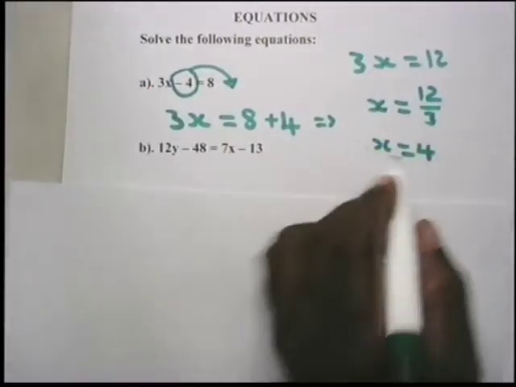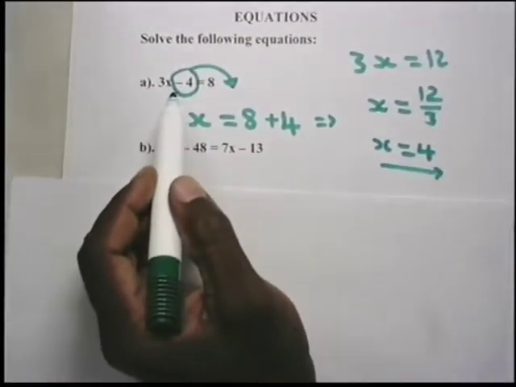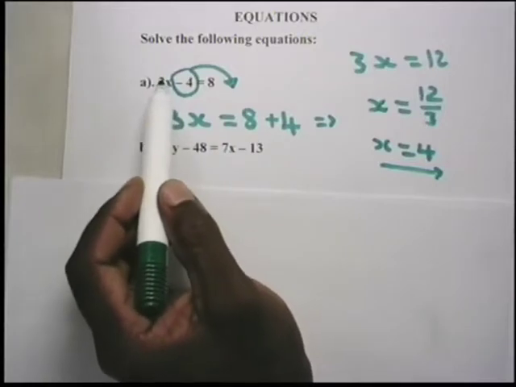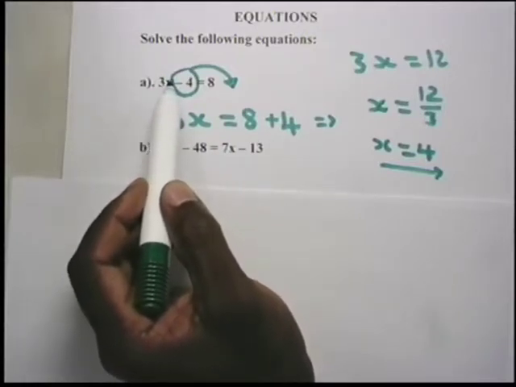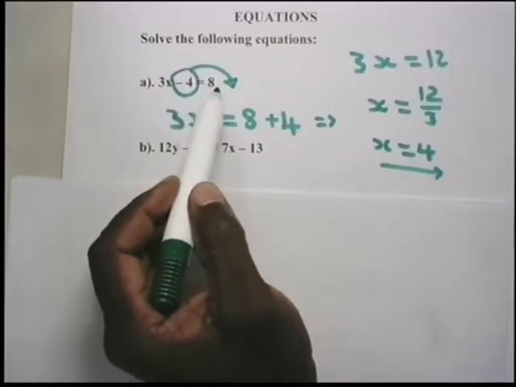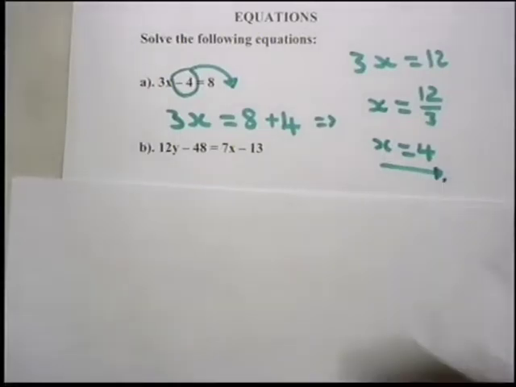So then the solution will be 4. And we can always check whether that is true or not by going to the original equation and saying 3 multiplied by 4 is 12. And 12 minus 4 is 8. Then indeed that must be the correct answer to that given problem.